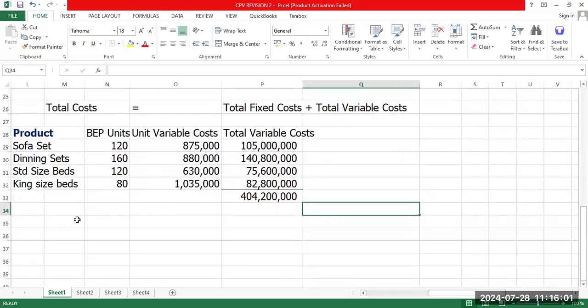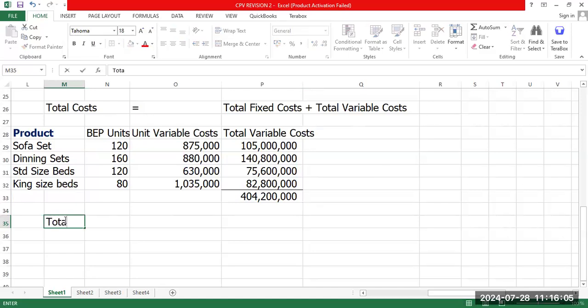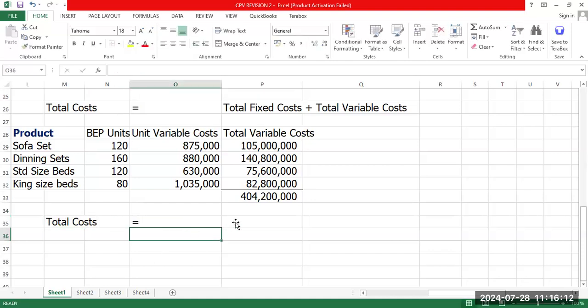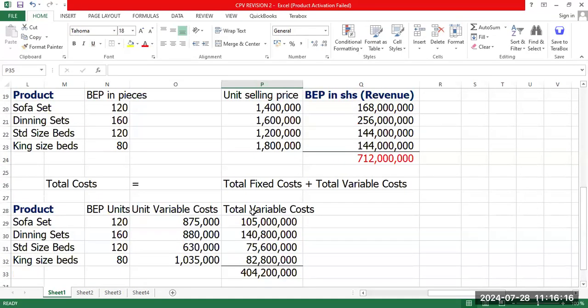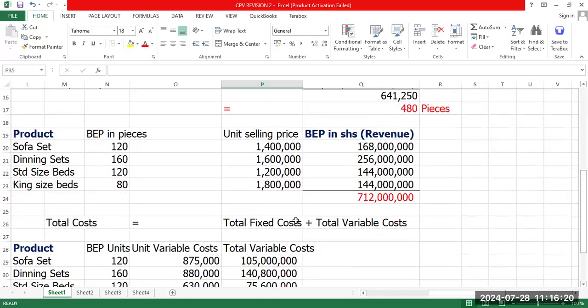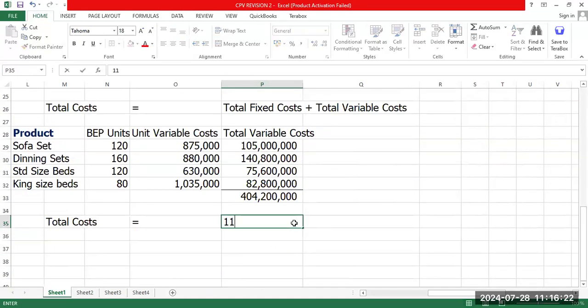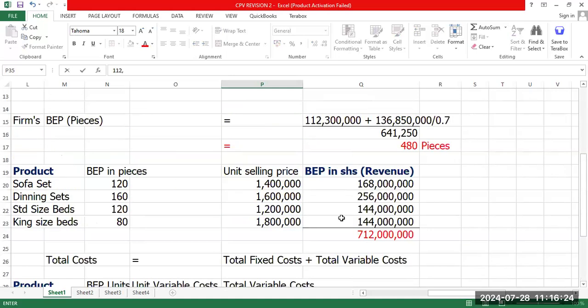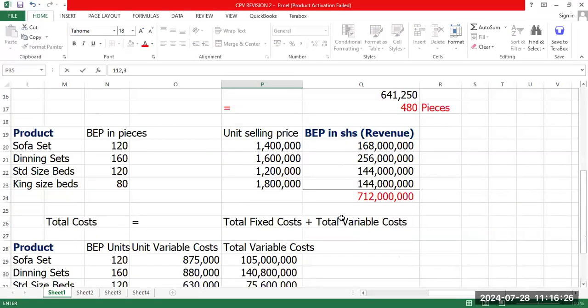So we can now get total costs, which will be equal to fixed costs. How much? We have our fixed costs here. 1123.